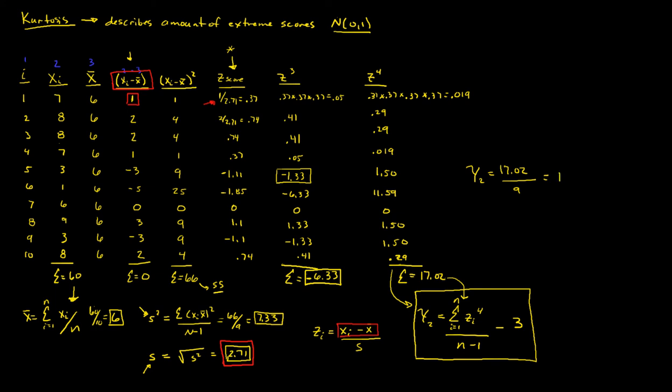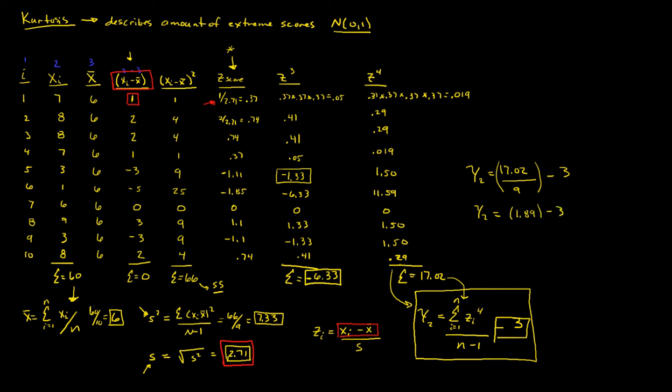Oh, we almost forgot something here, didn't we? Let's not forget this other piece. We forgot our negative 3. So let's build our negative 3 in here, then we'll reduce these terms. So gamma 2 is this piece here, which reduces to 1.89, and you want to subtract 3 from that.